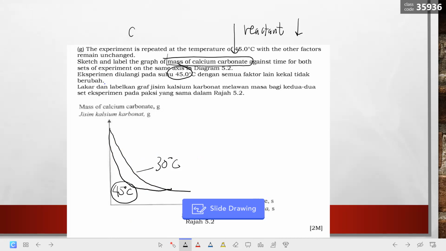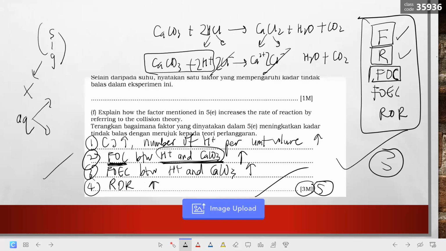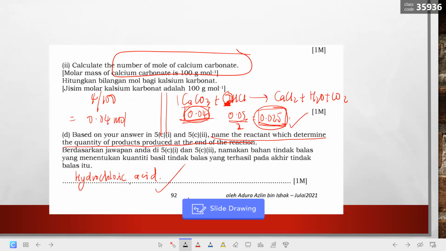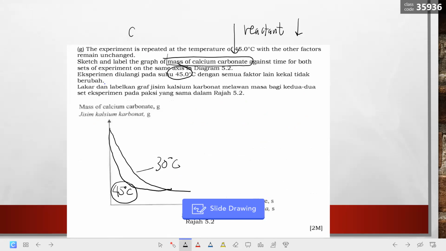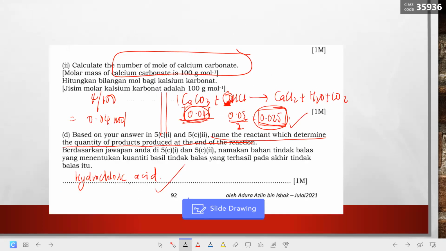Actually, the reason that one touches, is it because they both approach zero with the mass? The reason why these two graphs are touching is because, if you look, we are calculating the mass of calcium carbonate.